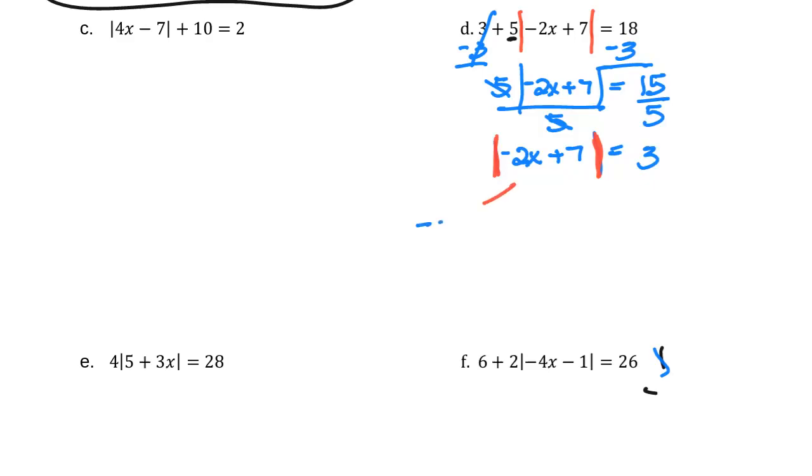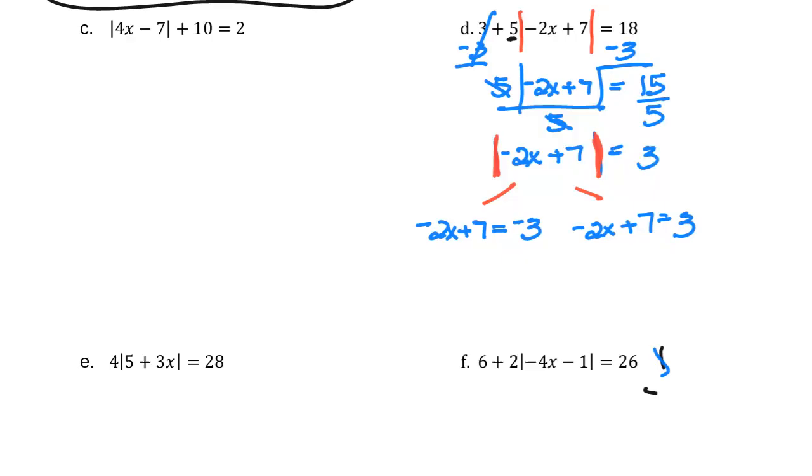So negative 2x plus 7 is equal to, what's my first value going to be? Negative 3, right? And over on the other side, negative 2x plus 7 is equal to positive 3. Yes.